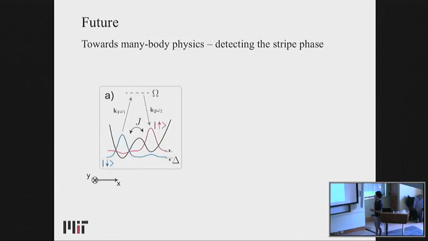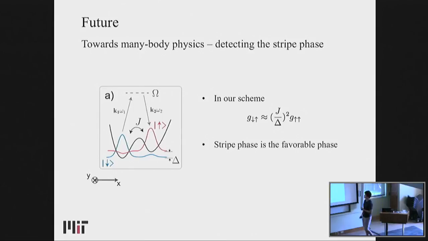But for us, I'll just go very quickly. Because I mentioned before, we can tune the interaction between the two spin states by just tuning the wave function overlap. And this can be very, very small. So for the rubidium system, maybe the interspin interaction can be roughly 99% or even close to 100% of the intraspin interaction.